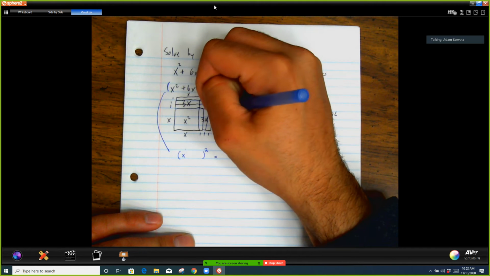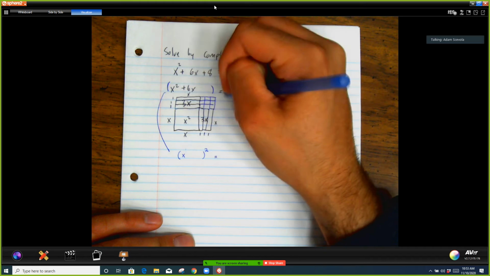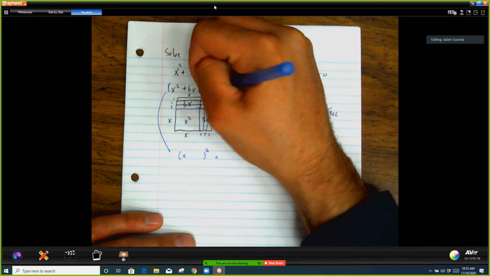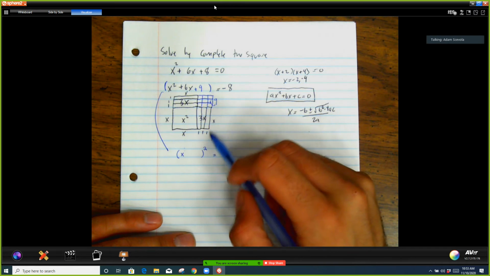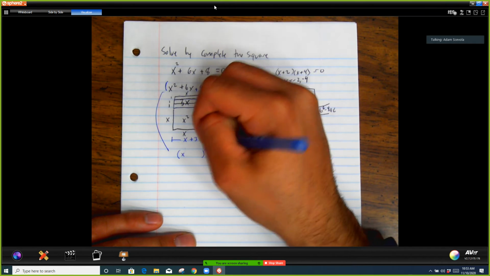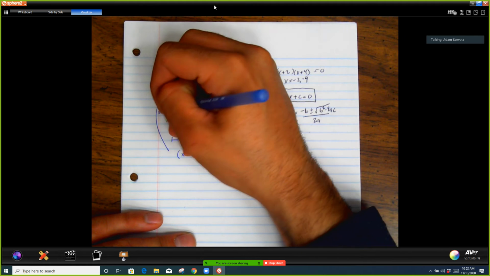So x plus 3 times x plus 3, or x plus 3 squared, is going to equal x squared plus 6x plus 9. All we do is factor. Now, we did just add that to the left side, so we also have to add it to the right side. So we get 1 on the other side.